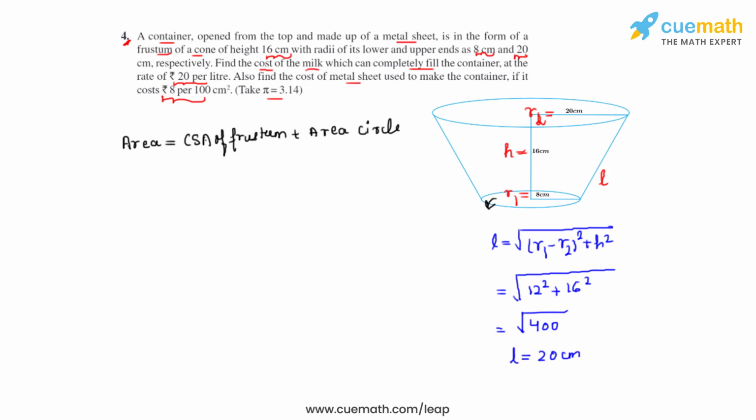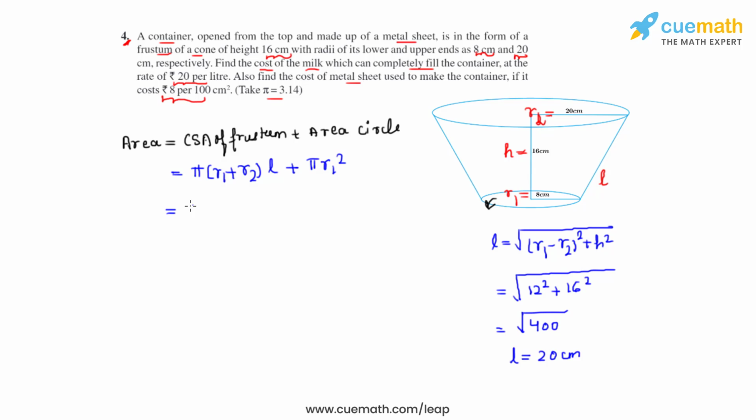So the upper circular end was open, so we will be taking into consideration the lower circular end. Now let's substitute the values to find the area, and for that we will first write the formulas. The formula to find the curved surface area of a frustum is pi times R1 plus R2 times L, and the area of a circle is pi r square. As we are considering the lower circular end, we will be writing it as pi r1 square. Now let's substitute the values.